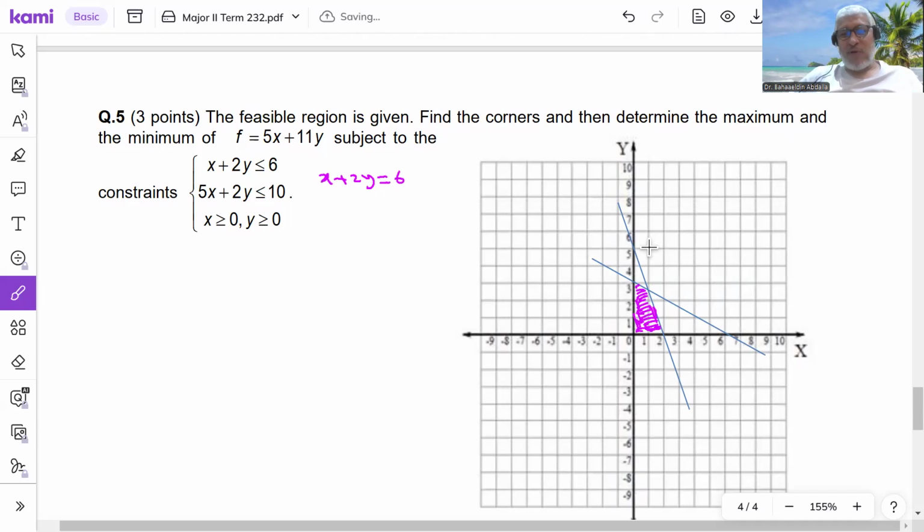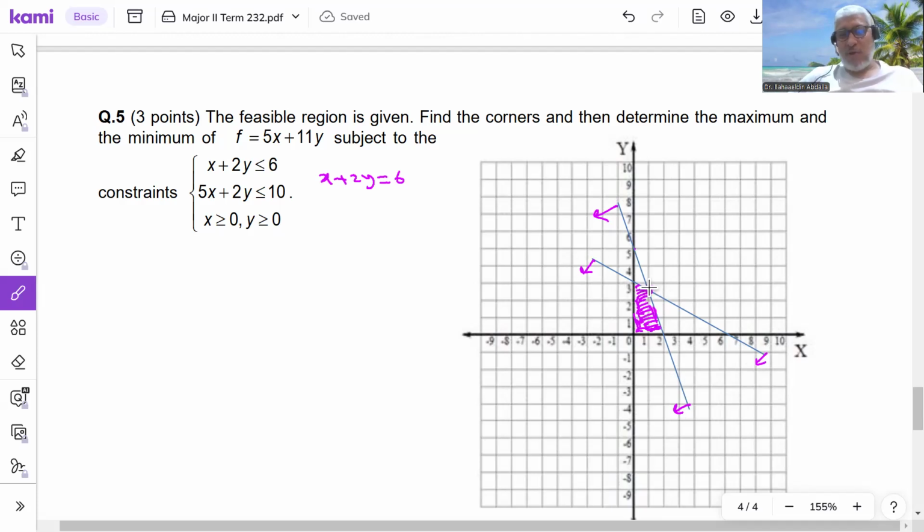If you put y as 0, x is 6. So it is this line. And 0 less than 6, so the graph is below. And that's the other line, and 0 less than 10, the graph is below. And x is greater than 0, y greater than 0, so this is the region.